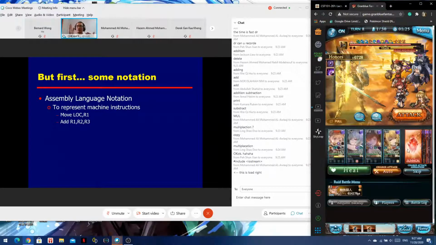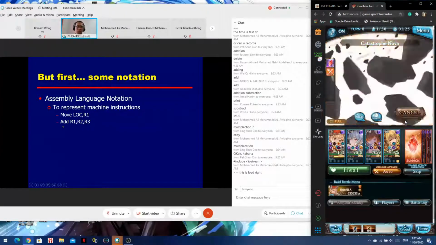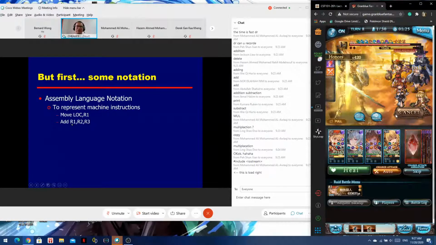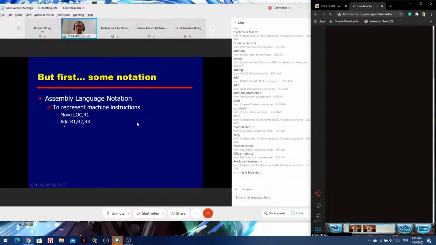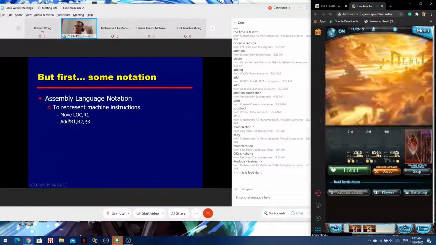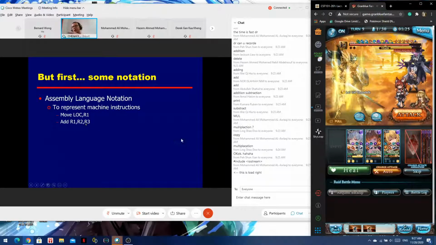That means from LOC, you move it to R1. Adding two registers, R1 plus R2 put to R3, you put Add R1, R2, R3. Then the computer already knows that R1 and R2 are your operands, and R3 is where to store the result. So that is assembly language.